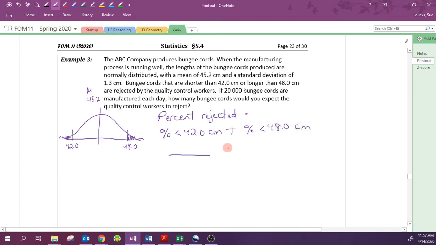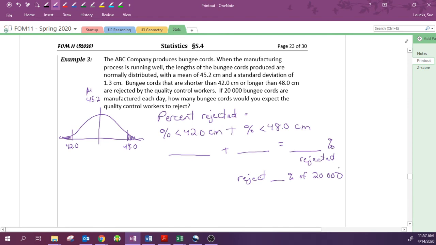So it's going to be some number plus some number, which is going to equal something, which is the percent rejected. But we're not going to be finished then. We have to remember to come back and figure out the number. So I'm going to write a little bit more down here: we're going to reject some percent of the 20,000 so that I know I've got more work to do there.